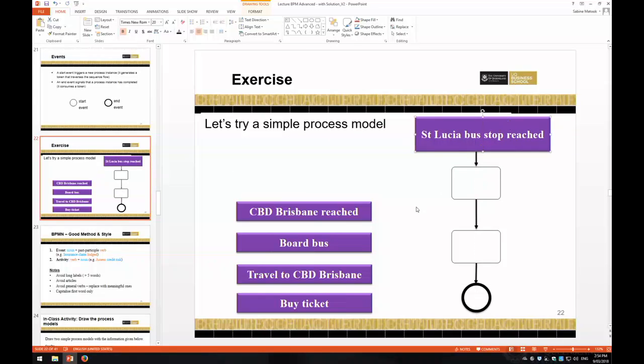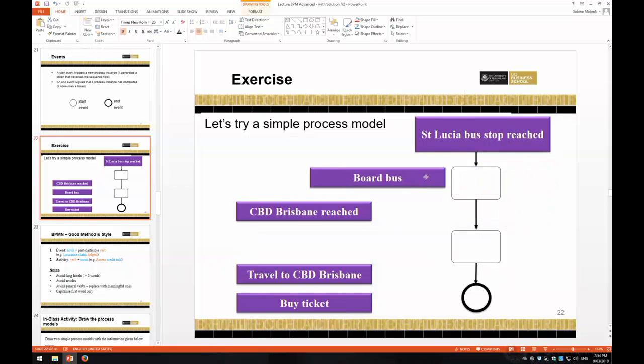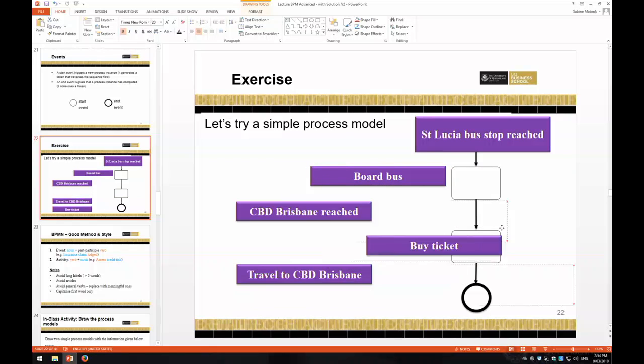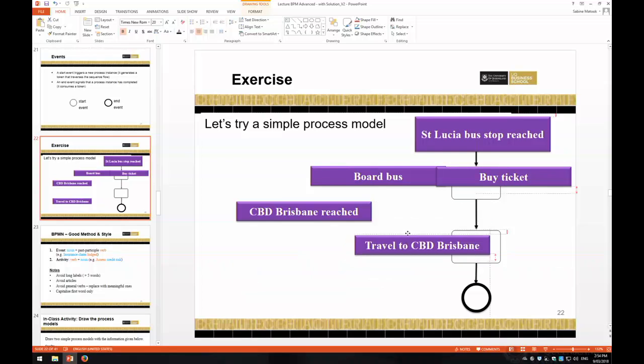What's next? Okay, I put them next to each other. We will talk about it. What's next? Okay. And?